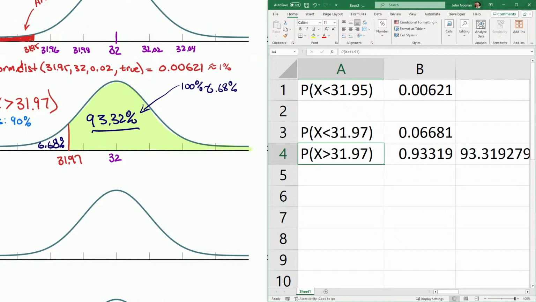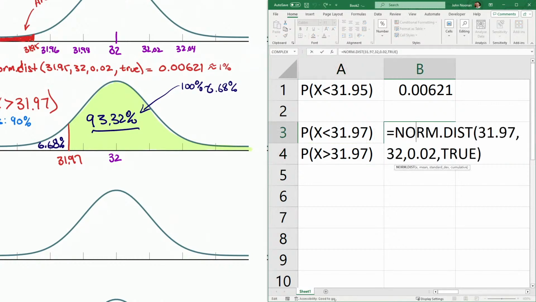All right, any questions? Yeah, what do you think, Hayden? I sure can. Cell B3 is that one. So I am always going to do it this way. What I mean is I'm going to compute the probability to the left, and then I'll do 100% minus that to get my probability to the right.